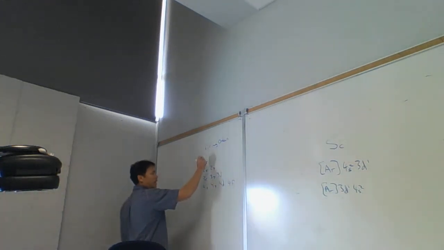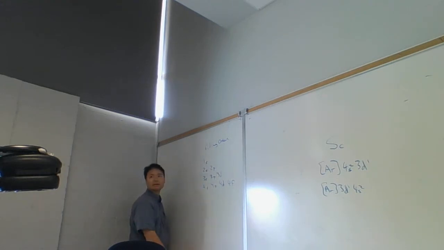So the filling order, how do I draw it? You draw arrows across. Do I draw arrows across like this? Or could I draw diagonal?